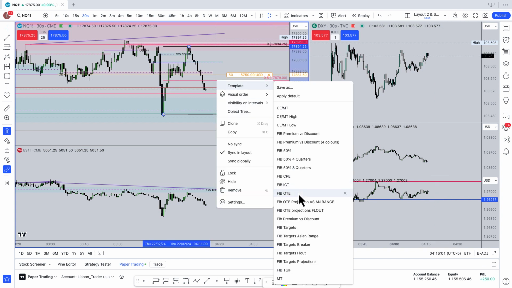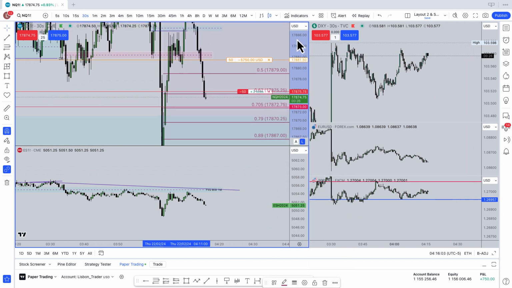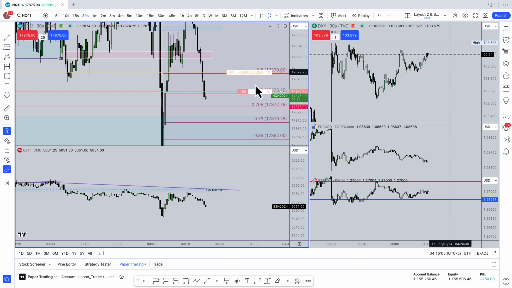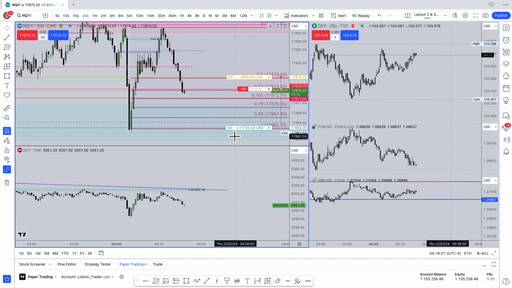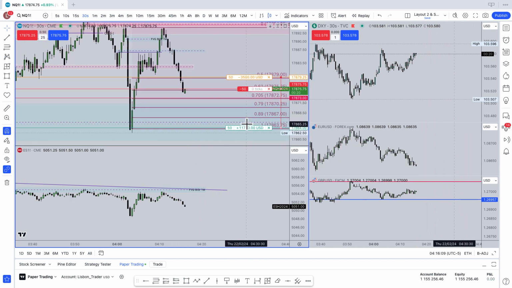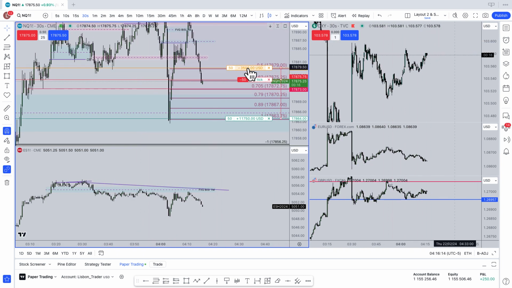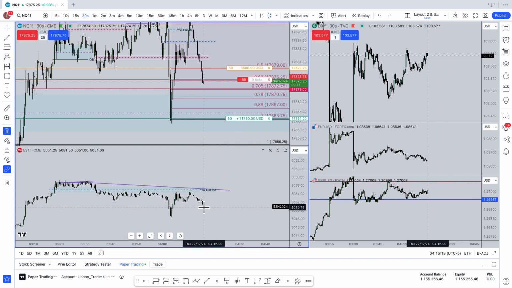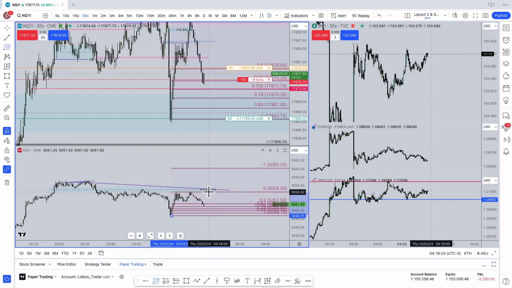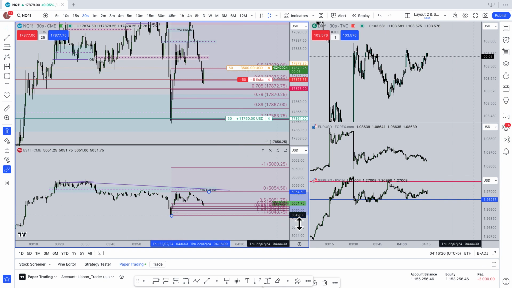Let me see OTE where it is. Normally at 50% it's already pushing higher, so ES is also retracing, which means I think we are seeing some kind of smaller reversal.